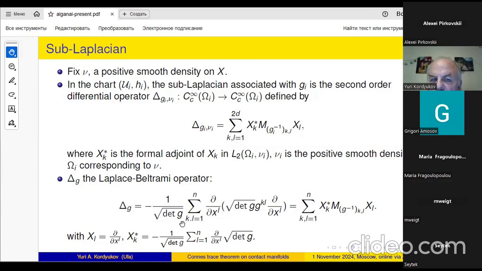And what remains here is actually the adjoint of this operator. So this formula can be rewritten exactly in the same way as this formula. And this allows us to write the definition of the sub-Laplacian in just operator theoretical language.